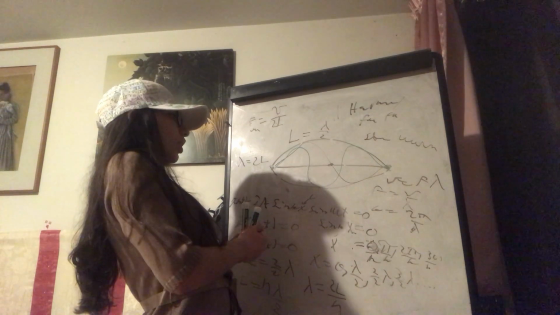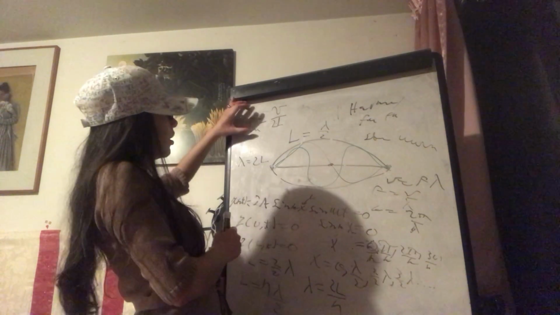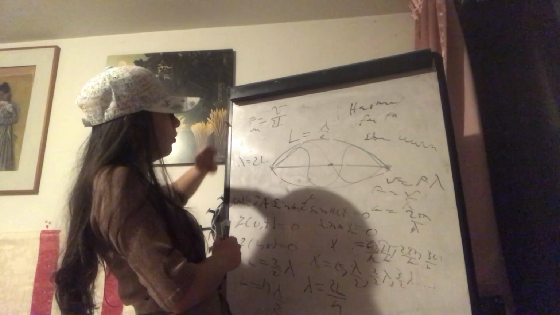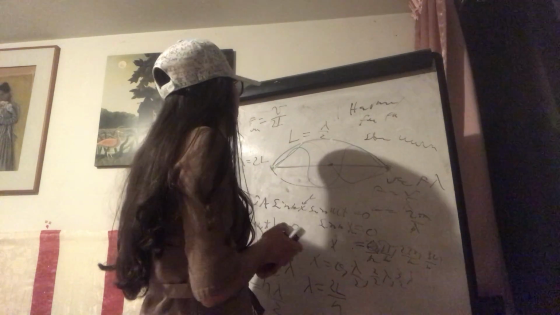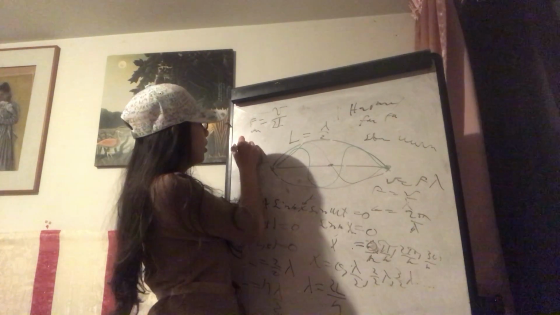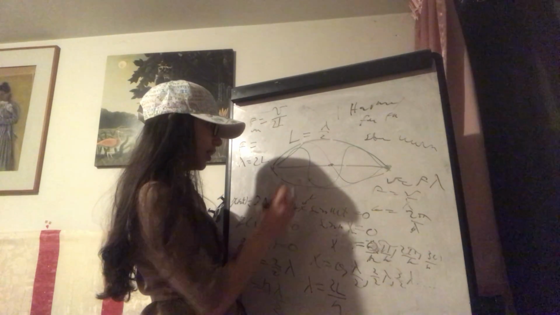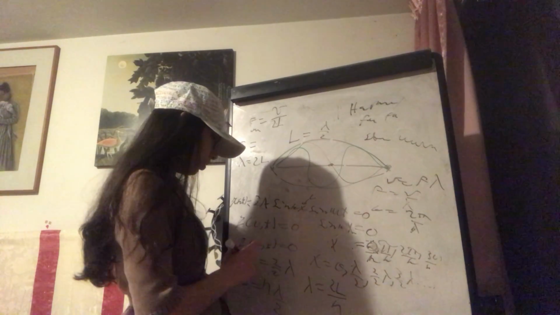And now for the frequencies at which I'm coming to here, this was the lowest frequency when n is equal to 1. When n is equal to 2, I have that the length is twice the half wavelength.